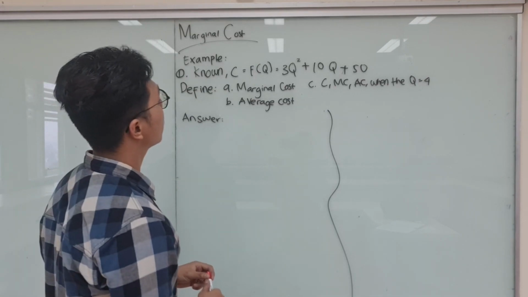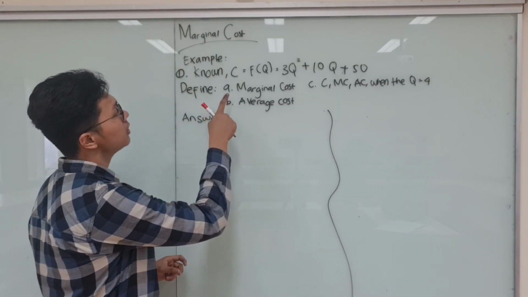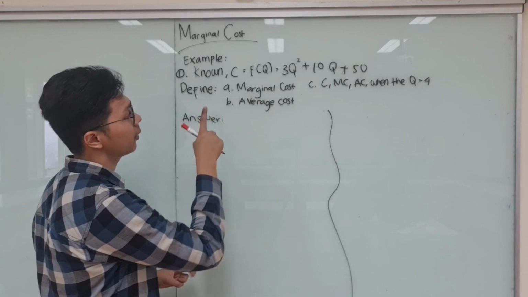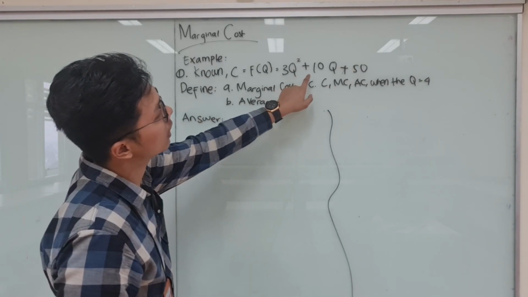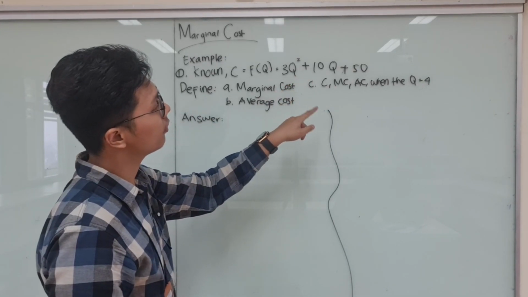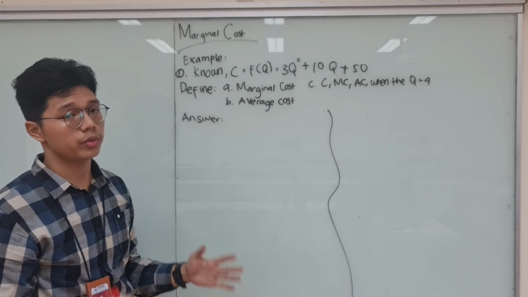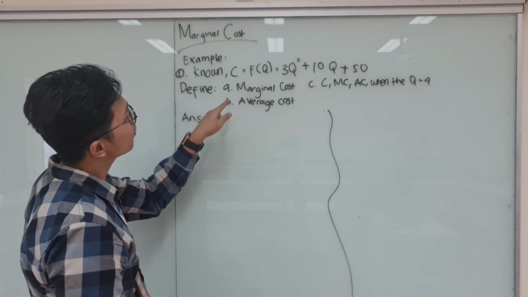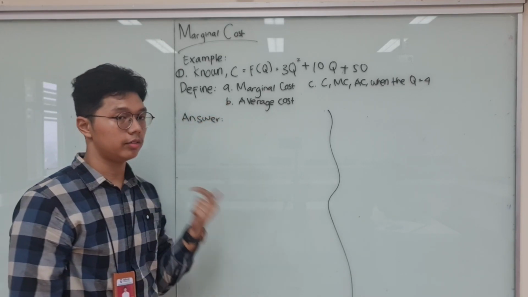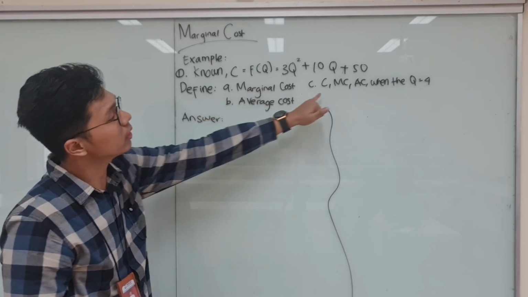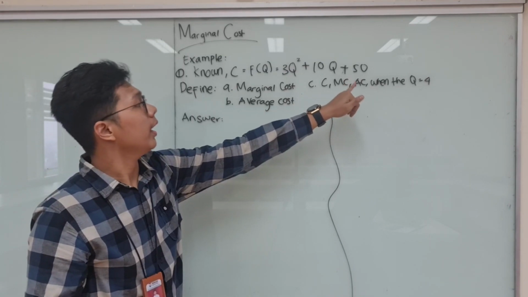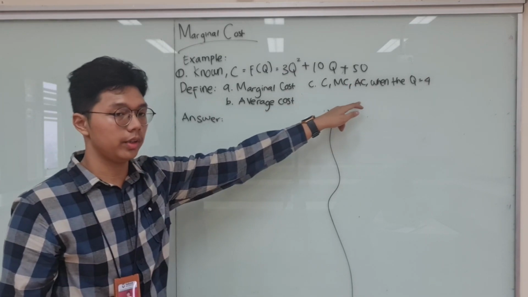So we move to the second example. Now C equals f(Q) equals 3Q squared plus 10Q plus 50. So C means the total cost too. We must find the total cost, marginal cost, and average cost if Q is 4.